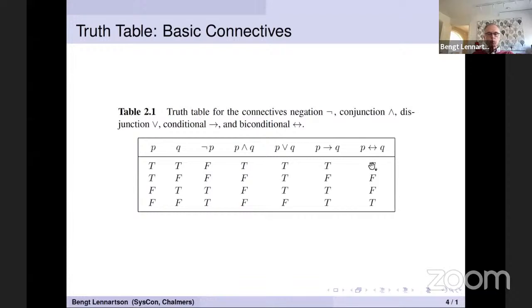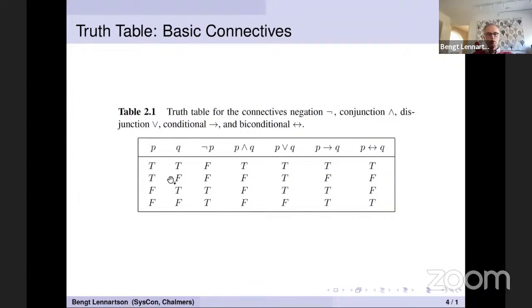But here comes something strange, and that is that this conditional statement, which we quite often also say is an implication, is not true if P is true but Q is not true. And that is natural, because this conditional statement says that if P is true, then Q must also be true.